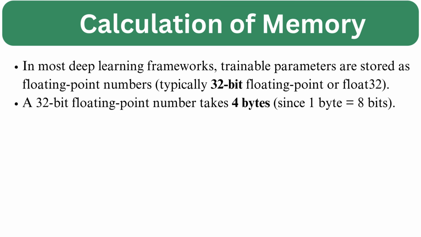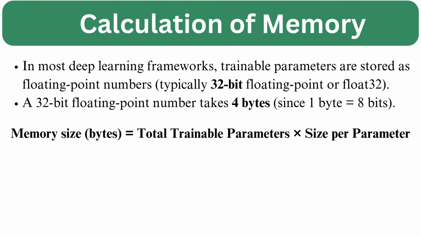They contain 4 bytes of memory, and 1 byte contains 8 bits. So if one parameter is taking 4 bytes, then how many bytes will the total model consume? We will simply multiply the size per parameter with the total number of parameters.